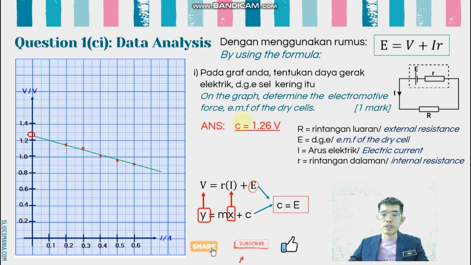Actually we should get 1.5 volts if our battery is strong or new. My reading here is quite low. This may be because the dry cell I'm using here is already low power. So you have to have your own data for this answer here.